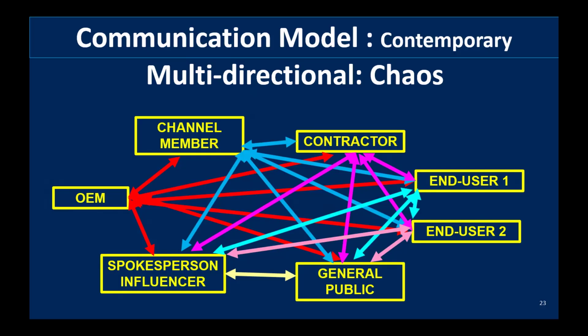Now, how complicated? Well, let's take a look. Here we got 2, 4, 6. We have 7 different positions in the marketplace. Now, keep in mind, I showed you earlier, we have 4 different functions, not necessarily players, in the channels of distribution.